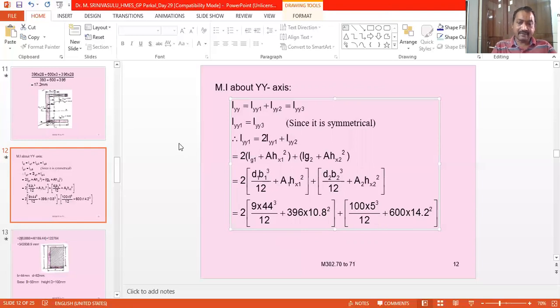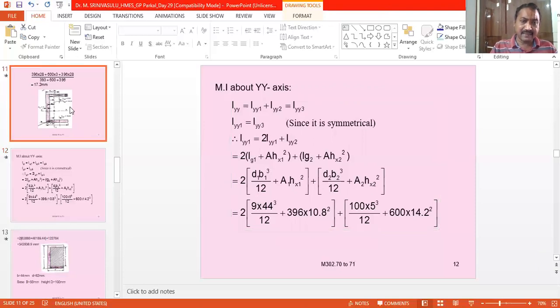How did we get this 10.8 and this 14.2? 10.8 is the hx1, the difference between x1 and x bar. Similarly, hx2 is the difference between x bar and x2.